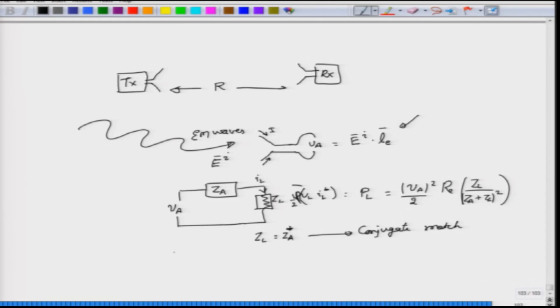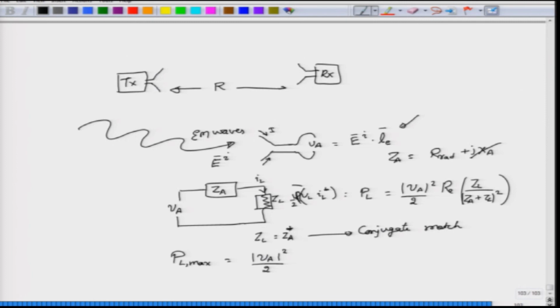So, if you are interested in the maximum power transmission, you do this conjugate match with the antenna, and once you have done that, you can show that the P_max that you are going to get under the conjugate matching condition will be equal to |V_A|^2 by 2, and the real part. So, remember Z_A actually contained both the radiation resistance as the real part and some reactance of the antenna. Now, because you are conjugate matching, the reactance part is gone and the real part of Z_L will also be equal to the radiation resistance, okay.